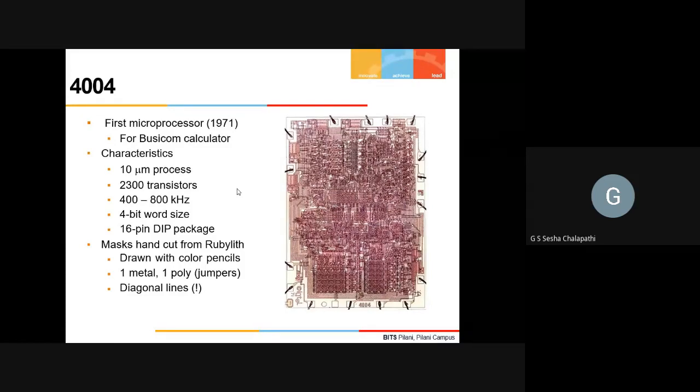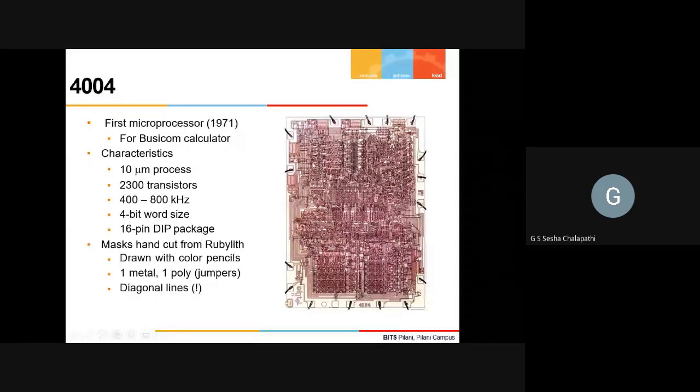For those who are not aware of what micrometer technology means, it's the smallest form factor of the transistor that you want to have. If you're already familiar with a MOSFET, this is the channel length of a MOSFET, 10 micrometer process.